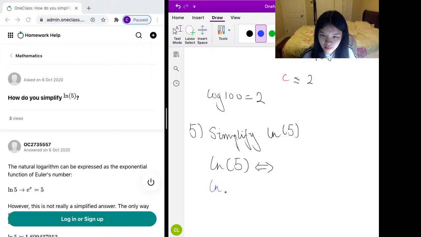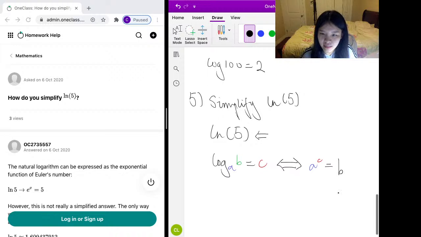We know that log_a b = c is the equivalent of a to the power of c equals b. So these two expressions are equivalent.